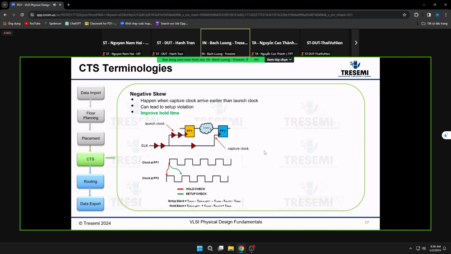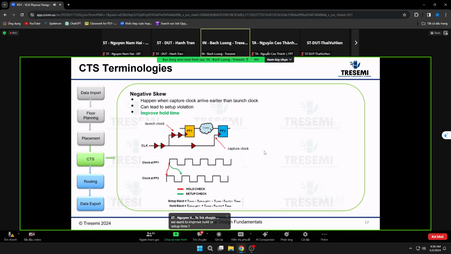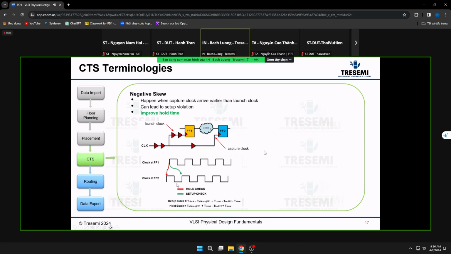However, negative skew does help hold time. You can see the formula here, and you can see it on the waveform. The hold check happens at the first edge here at flop 2, so you have a much easier time meeting your hold compared to later down here.